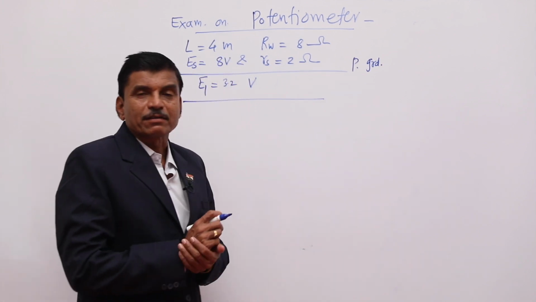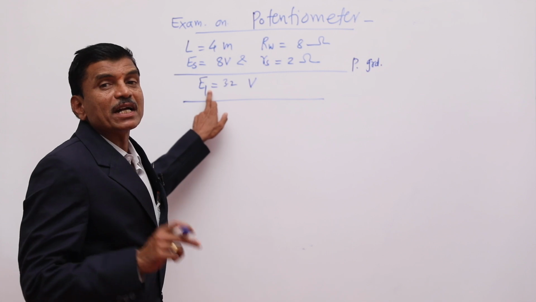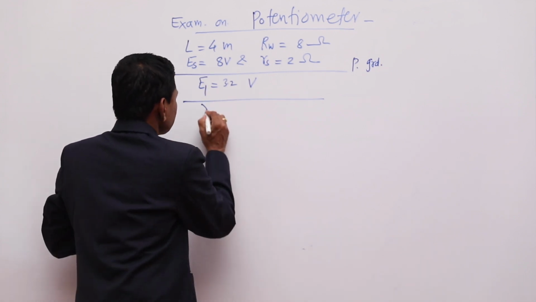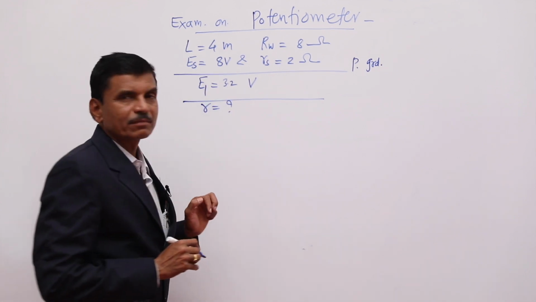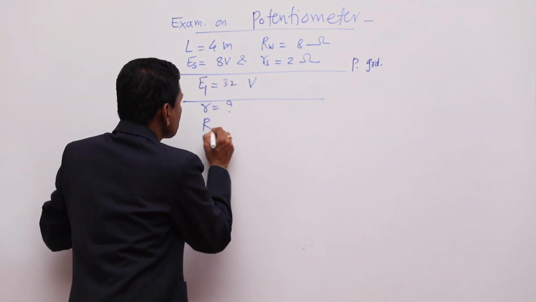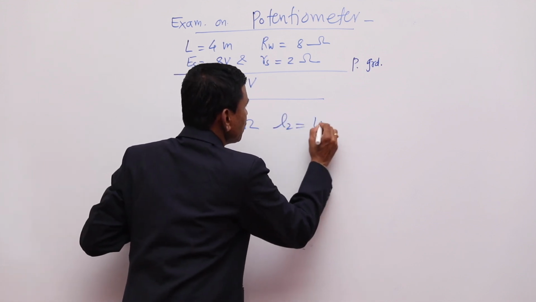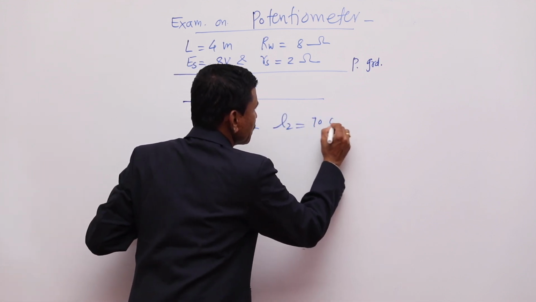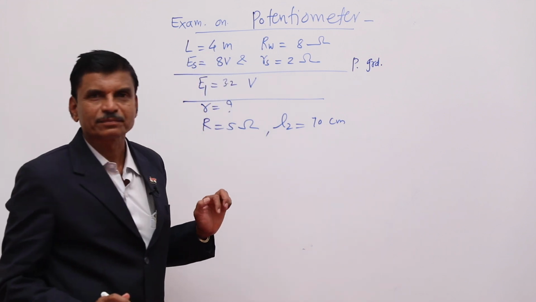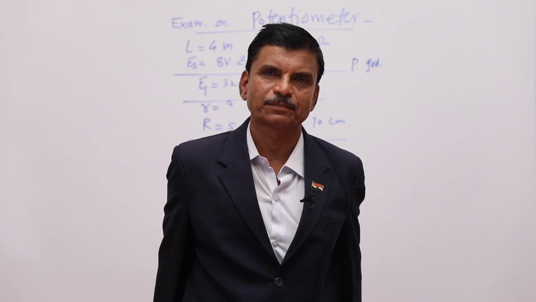Again they have asked, also calculate the internal resistance of that cell. When that cell was shunted by resistance 5 ohm, the balancing length was found to be 70 centimeter. So three things we have to calculate in this example.